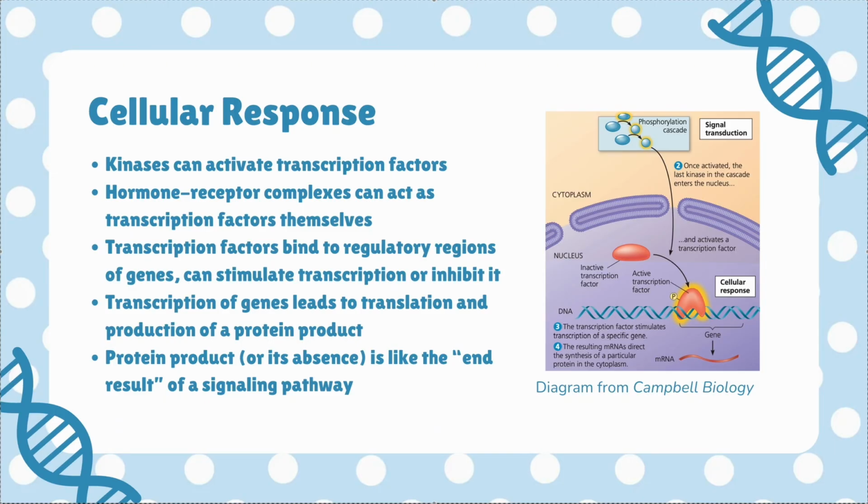And that last kinase binds to a gene regulatory sequence, a promoter, that promotes the transcription of glycogen breakdown proteins so that the cell can synthesize those proteins, which break down glycogen, making glucose available for the body under stressful conditions that require energy.